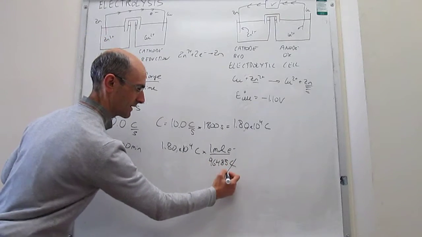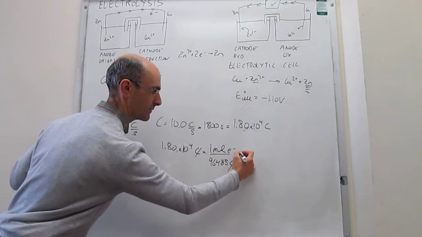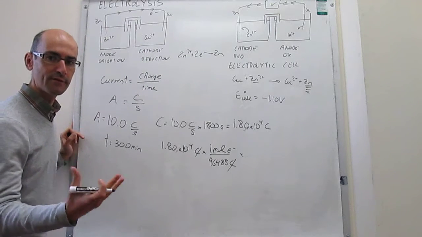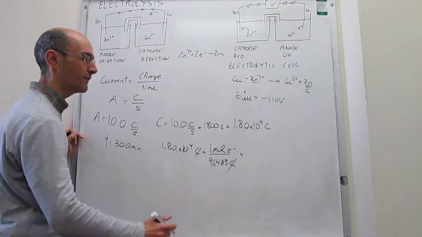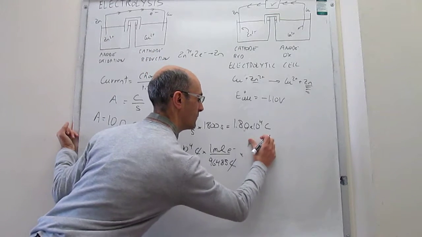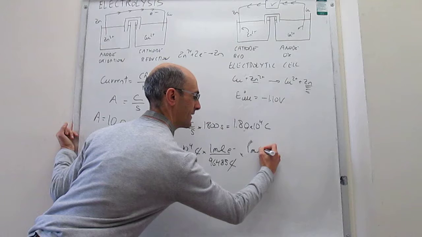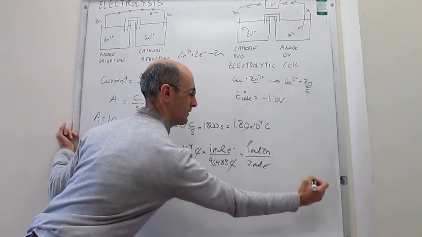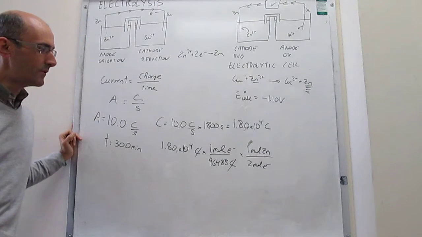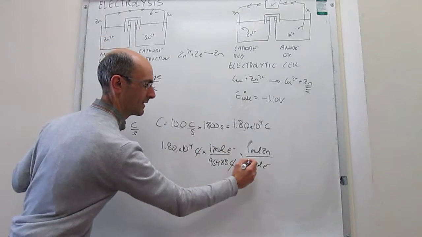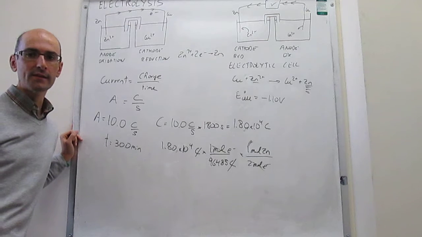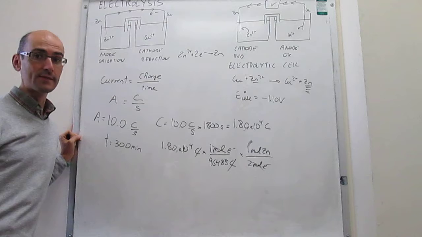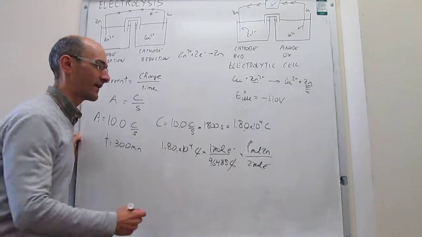Right? So again, notice that this calculation will give us the number of moles of electrons, and then I can cross the stoichiometric bridge to find out how many moles of zinc I have. Notice that for every mole of zinc that is plated, I need 2 moles of electrons. Right? So that would give me the number of moles of zinc that I have deposited, and finally, simply multiplying by the molar mass, I can find out what the mass of zinc I have deposited onto that electrode.